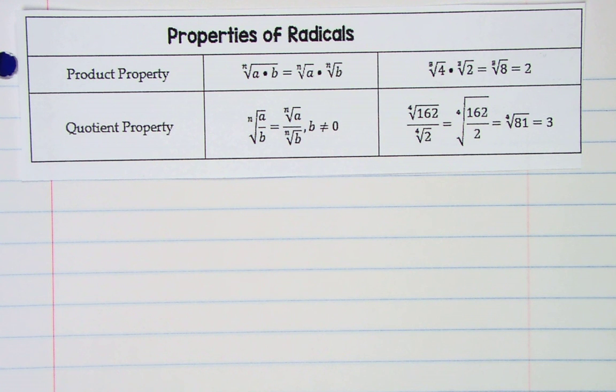These are radicals now. They're in the radical, square root, whatever. Product property, product means multiplying. If you have 2 of the same root, a times b, you can multiply those numbers together and put them all under one root. Same thing with the quotient. If you have two things dividing and they're the same root, both divided by the root of n, whatever it is, you can divide those and put them under the same root.